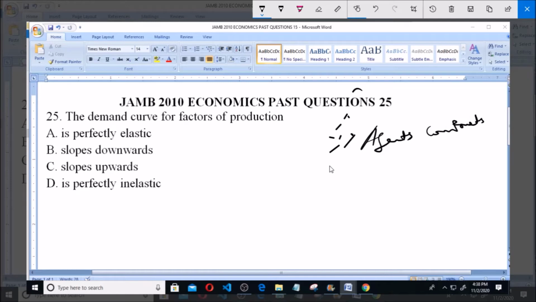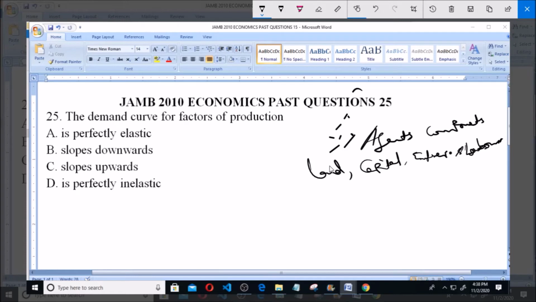And we have four factors of production. We have land, capital, entrepreneur, and we have labor. These are the four factors of production.